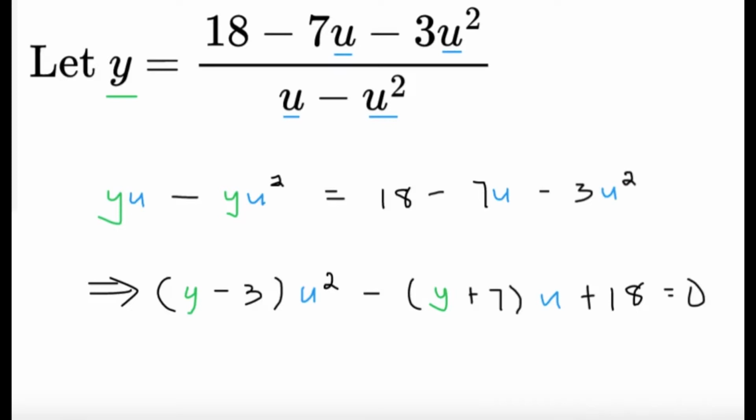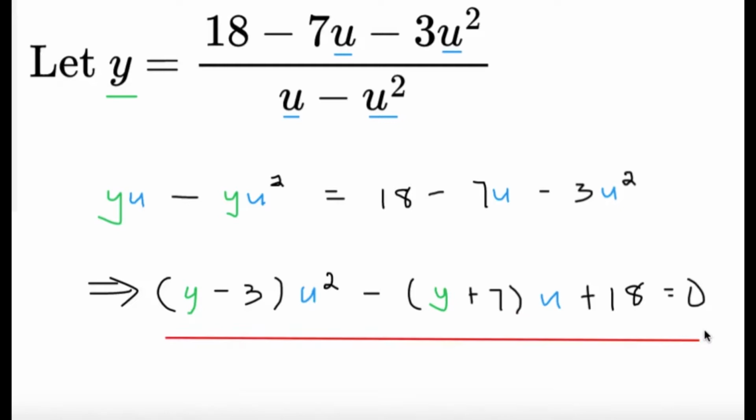A very easy way to get the range is to use the discriminant method because I can manipulate this equation into a form that is quadratic in terms of u, although we have y there.